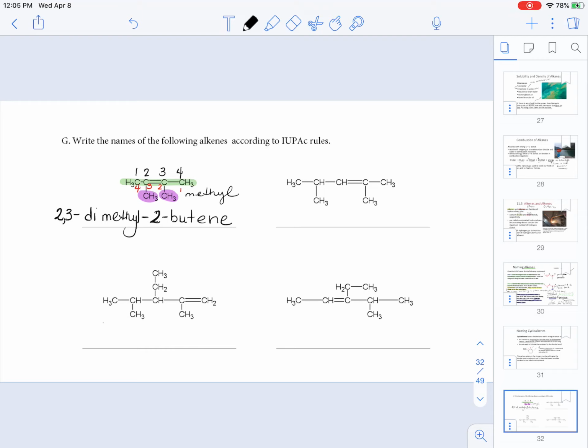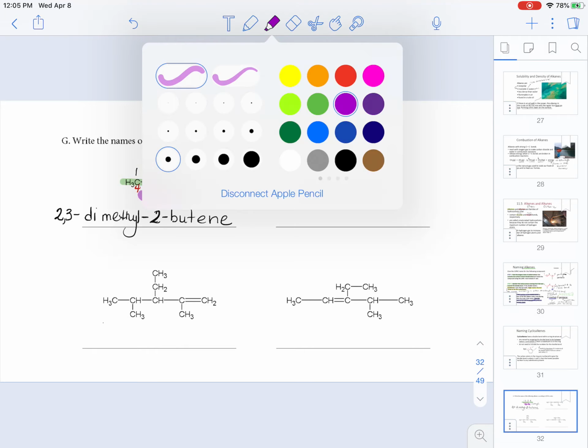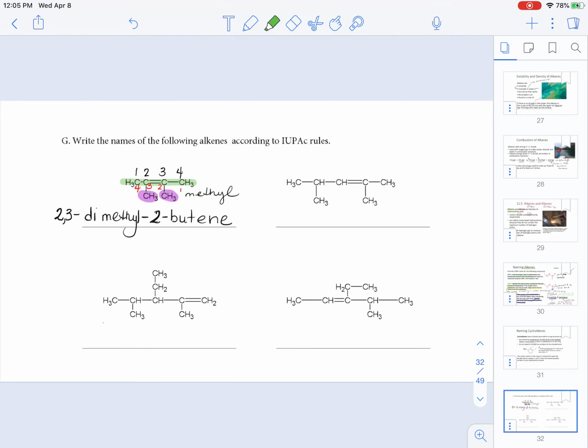Now, in this molecule, we can select the longest carbon chain first, and we can select this as the longest carbon chain. Remember, we are going to number this longest continuous chain that contains the carbon-carbon double bond in such a way that the double bond gets the lowest number.